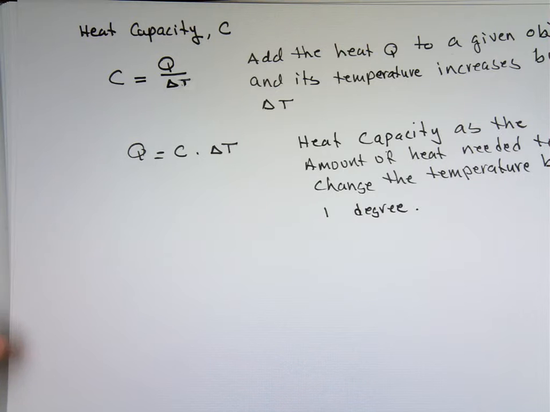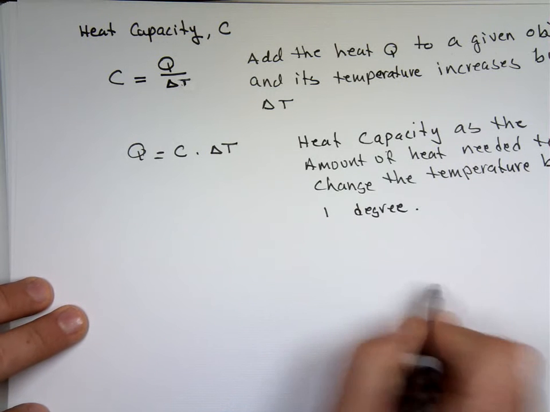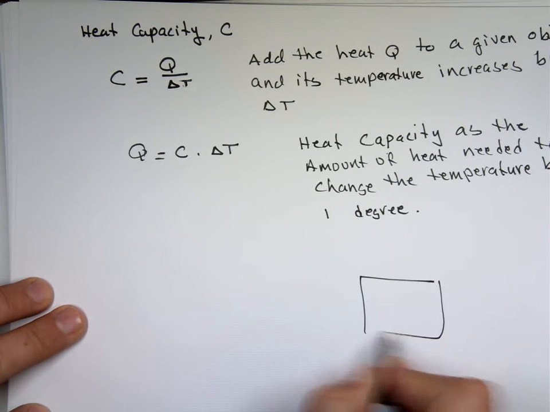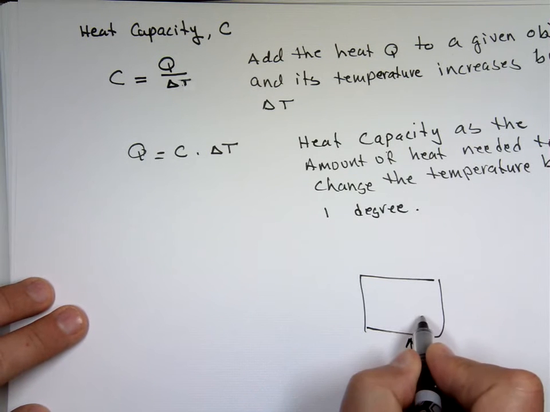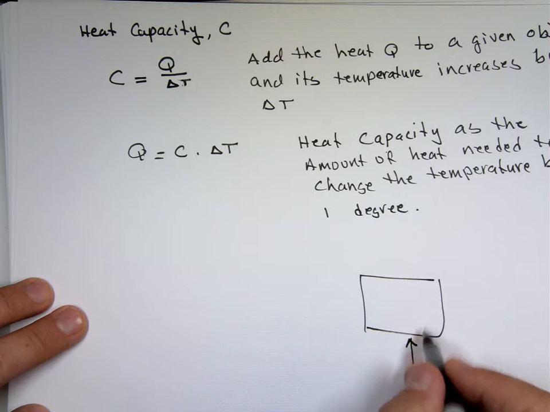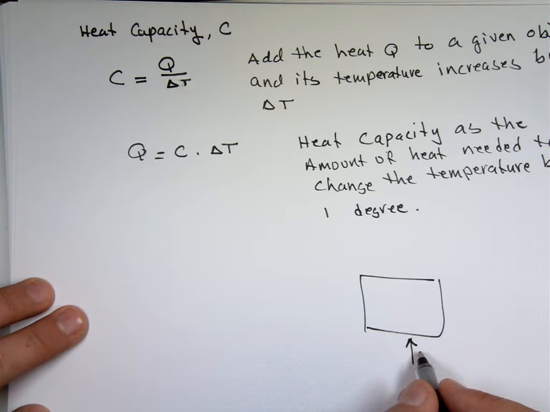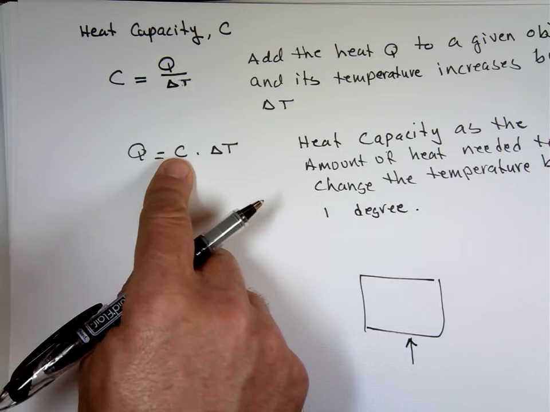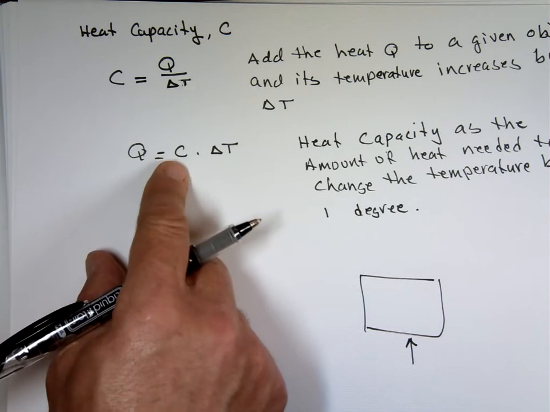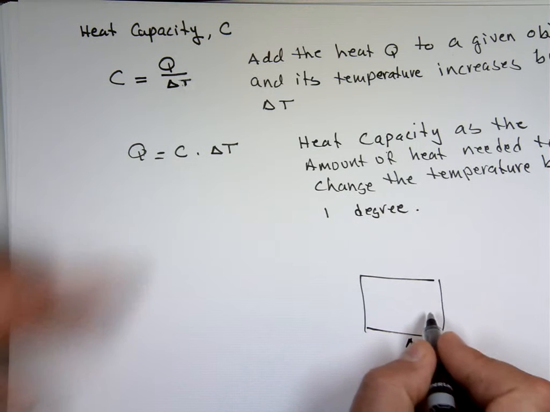And it changes from object to object. So for example, if you take a bucket of water here, and you add heat to it, and you watch the temperature. Once the temperature increases by 1 degree, you calculate the heat. Now we're going to worry about this for 1 kilogram. If it's more than 1 kilogram, we're going to deal with that. And we multiply them, and we get what C is.